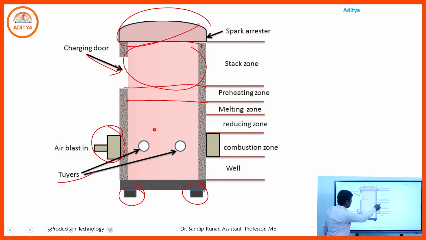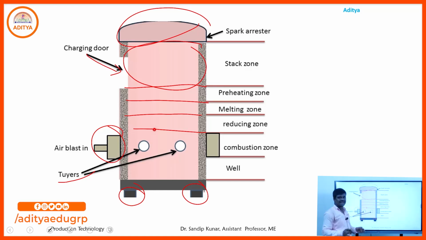Then the melting zone comes after the preheating zone. Here the charge, meaning metal, will be melted, and after that is the reducing zone. Here some other charge materials are kept, which also help in melting. Then the combustion zone, where coke and some other materials are kept and burned, and due to the burning the metal is melted.